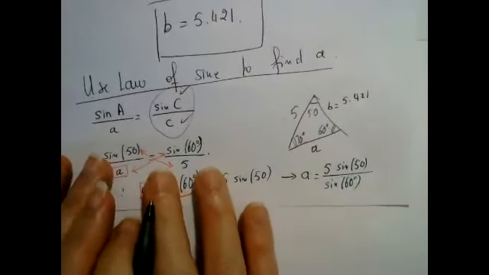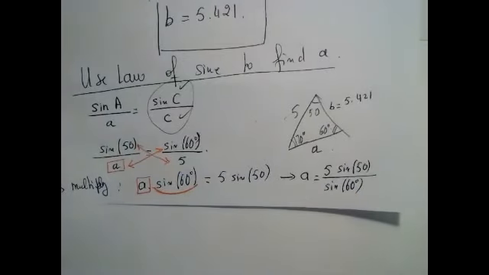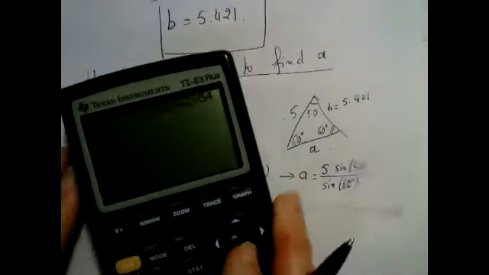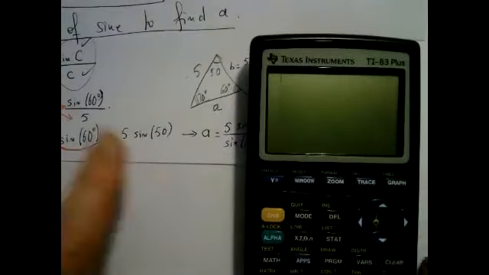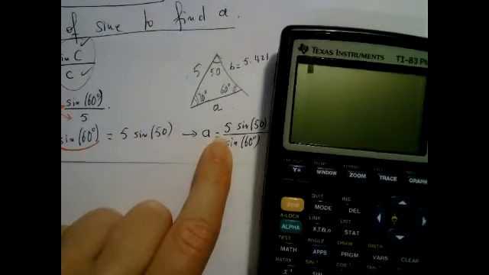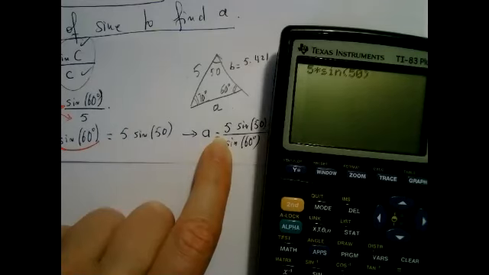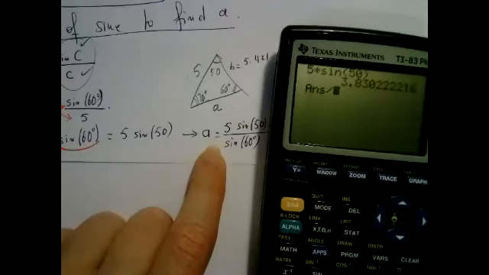And then I will use my calculator in front of you. The most accurate way is to do it like this. I plug in the 5, multiply it by the sine of 50, and whatever I get, I divide it by the sine of 60.